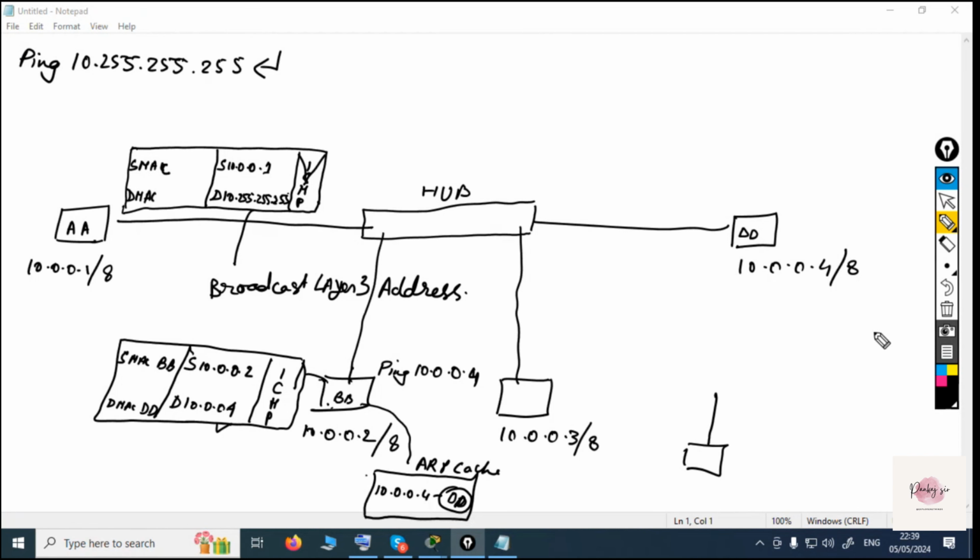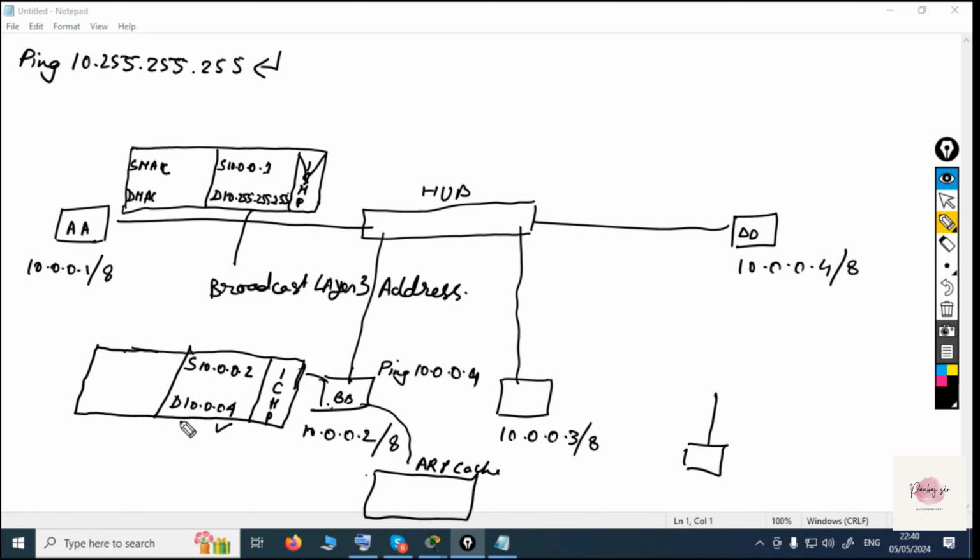Getting it? But if it does not have the entry in the ARP cache, what will happen? It will just keep this data aside.